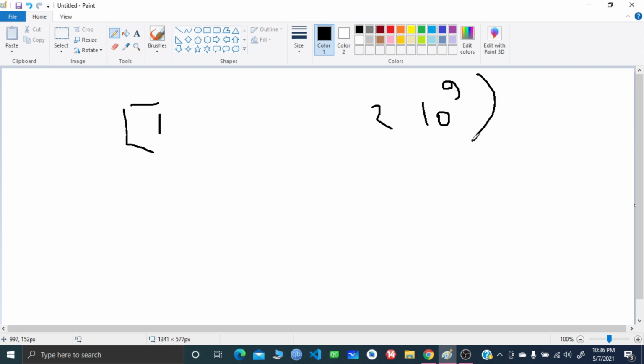Let's say any number which is ranged between 1 and 2 into 10 to the power 9.